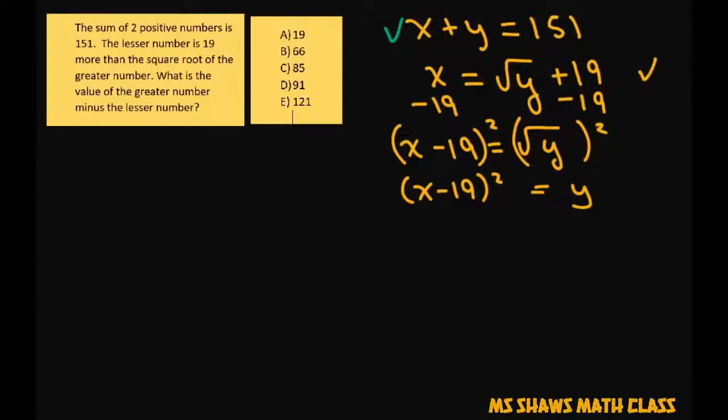So I have x plus y. Now my y equals this. So by substitution, write x plus x minus 19 squared. So that's my y. And we know this all equals 151. Now I'm going to take care of this. This is supposed to be a minus. Sorry about that.